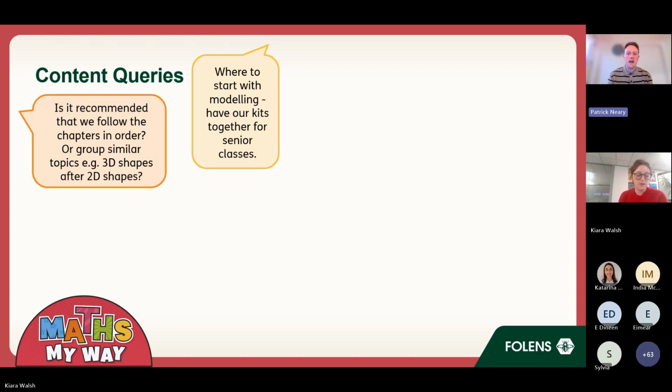Is there certain topics that might need a second week? And we're building up that bank of knowledge this year so that when it comes to having a long-term plan for next year, we have that bit of information to adjust it and to make it match our own school. Because every school is going to have different contexts, and it's about moving things to make it work for you.